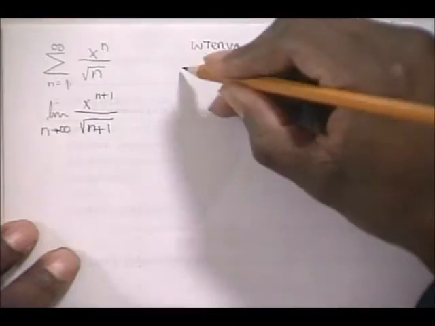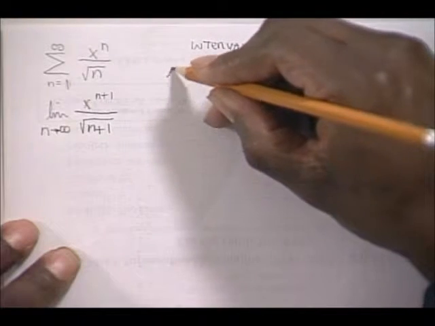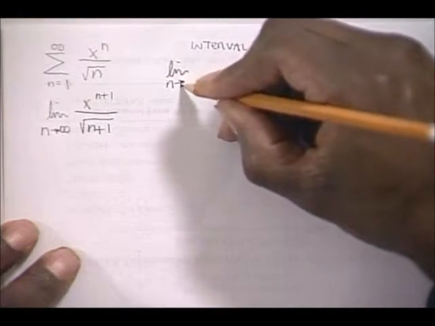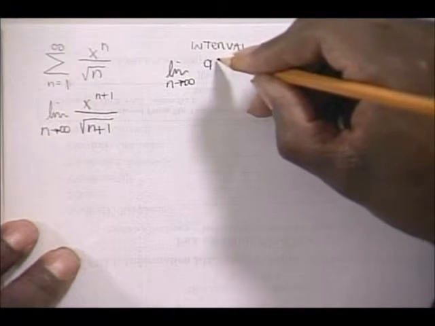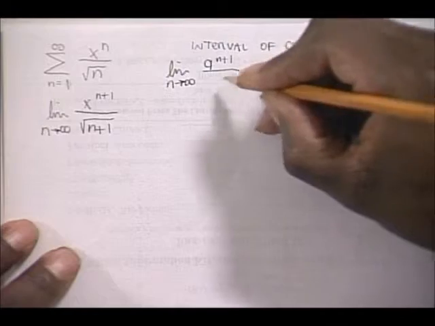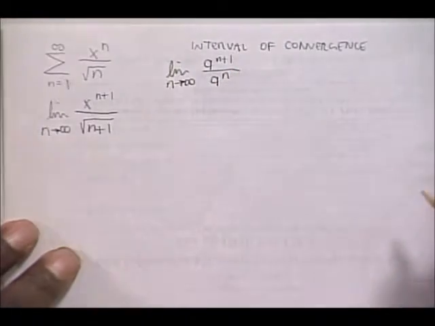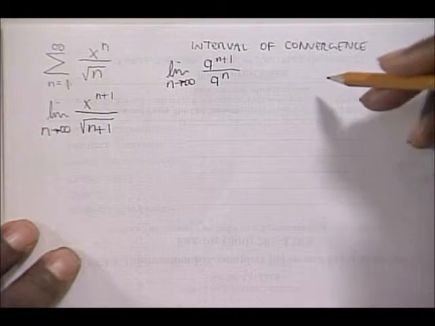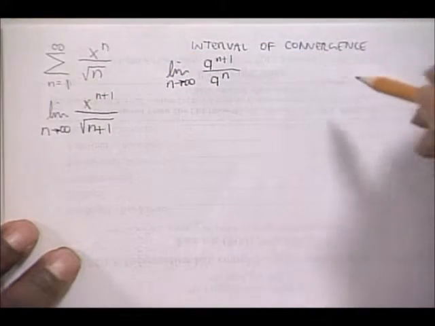So I'll write it out. The ratio test says you take the limit as n goes to infinity of a sub n plus 1 over a sub n. If you evaluate this limit and it's less than 1, that says that the series converges.